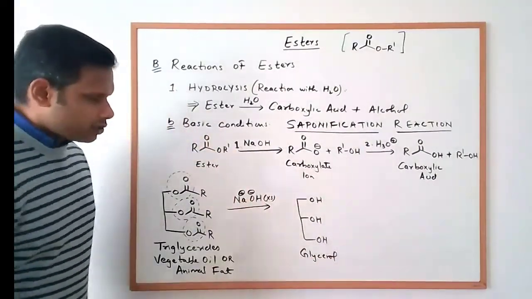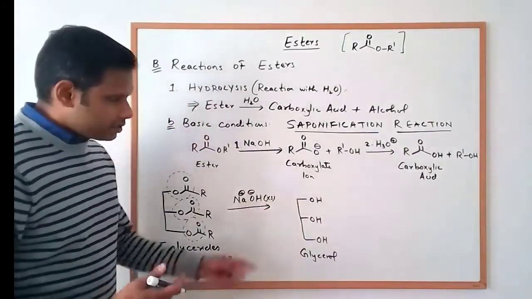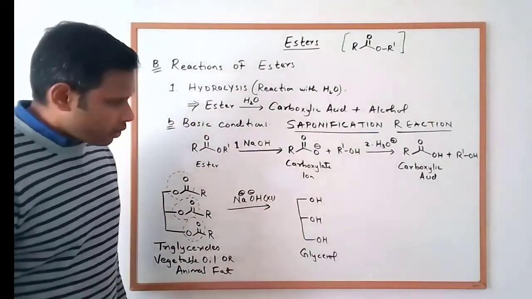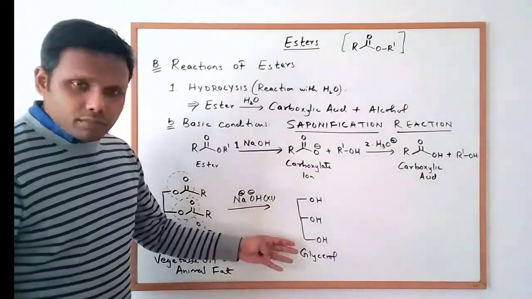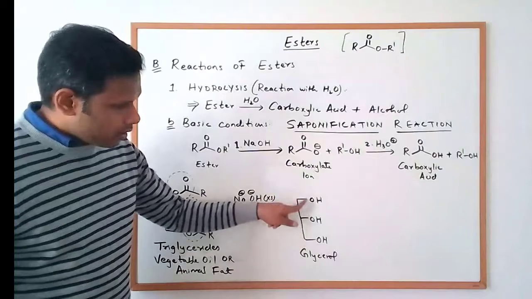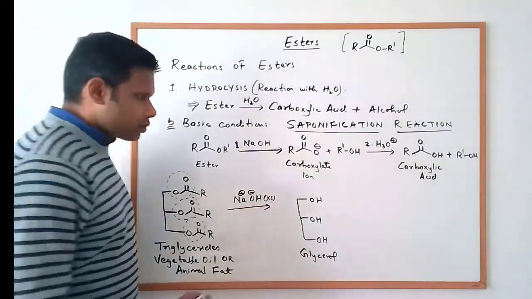You get glycerol. So each of these is a carbon, okay? This is a bond line structure for that molecule, essentially. You could draw it differently, but you have 1, 2, 3 carbons with a hydroxyl group on each one of them. That's glycerol.